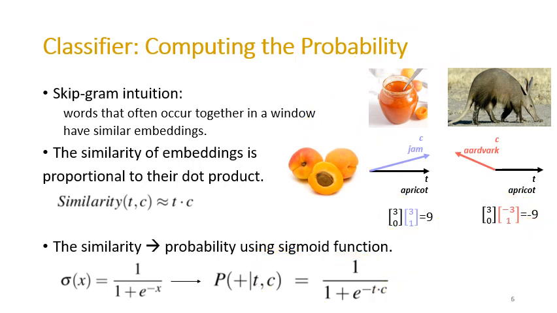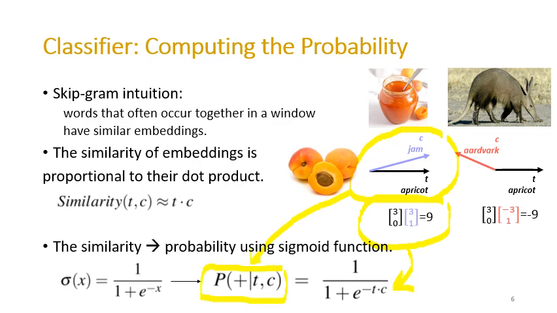If you're still not very convinced of how this works, you may just plug in numbers for the t and the c. You will see that more similar vectors will yield a higher probability of being classified as positive.